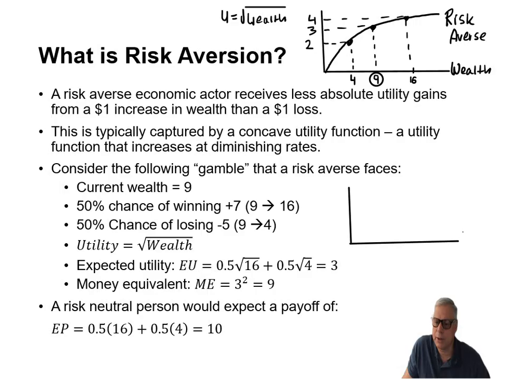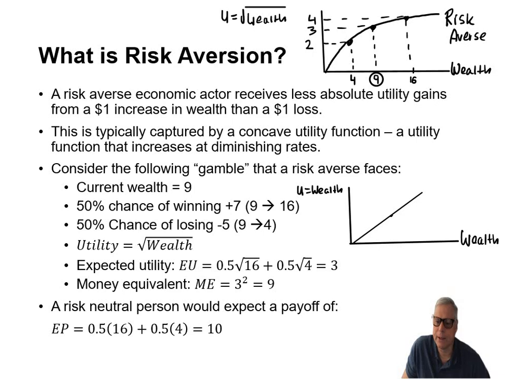And again on the x-axis we put again wealth. But now this is just a straight line. So the utility is equal to wealth. All that matters is the payoff. So in this case we would say utility is equal to wealth.